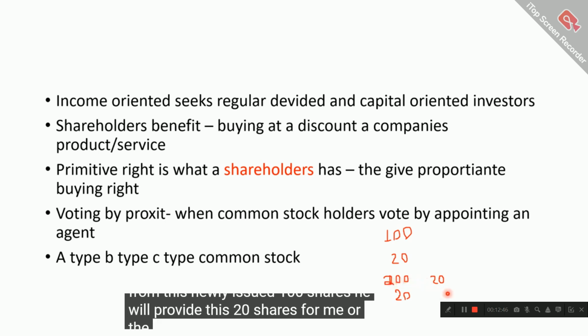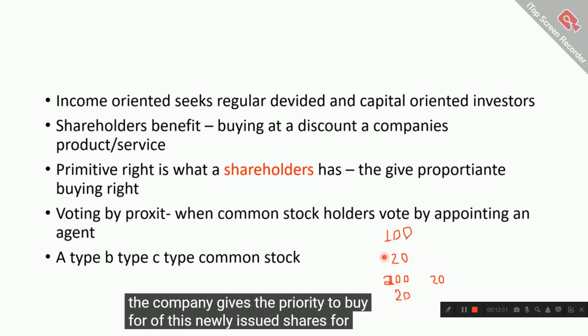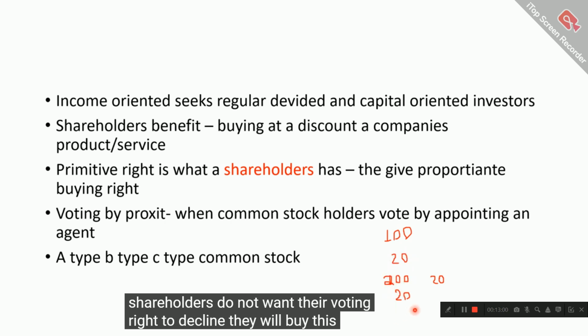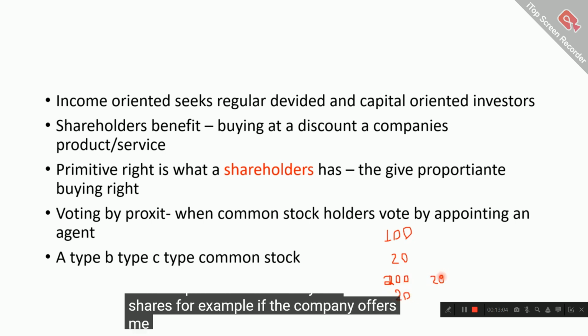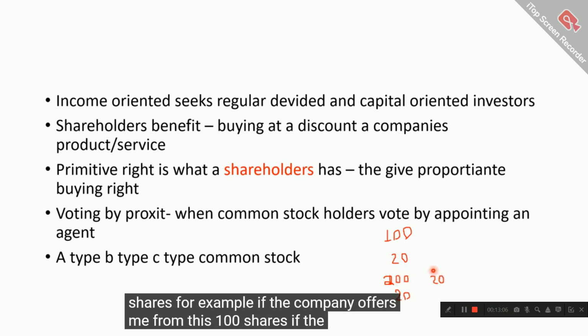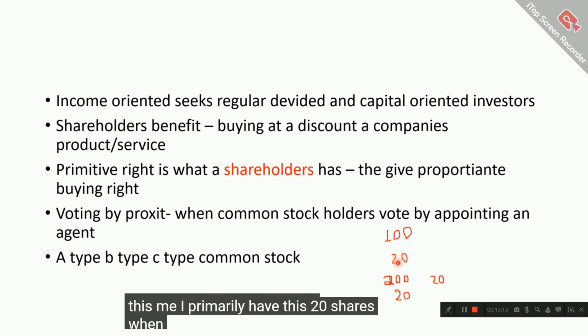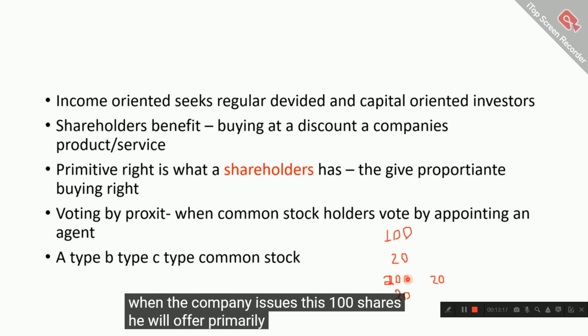So if the existing shareholders do not want their voting right to decline, they will accept this offer and buy the shares. For example, if the company offers me 20 of these 100 shares, it will give me the priority to buy, offering the shares to me first without offering them to the market.